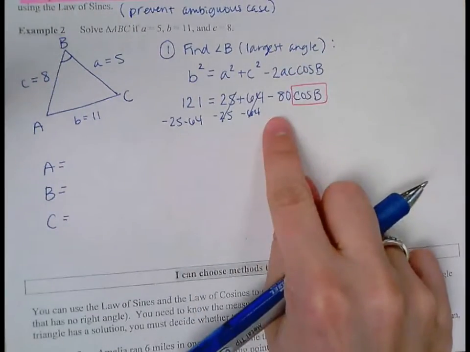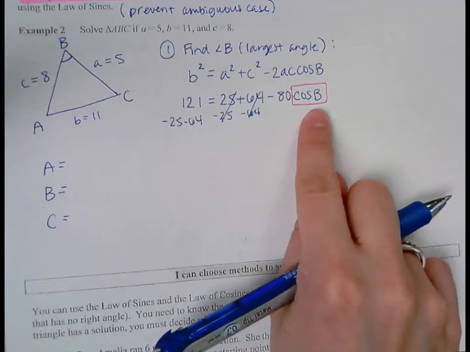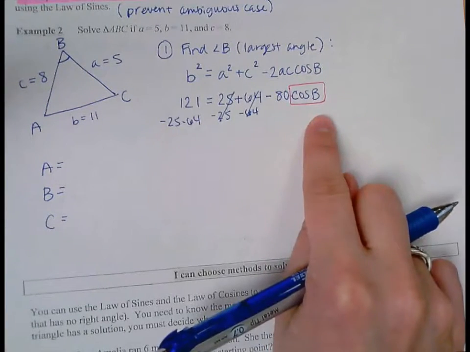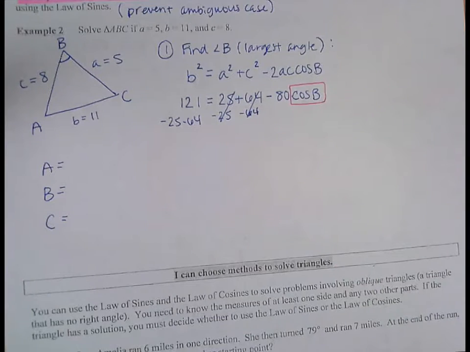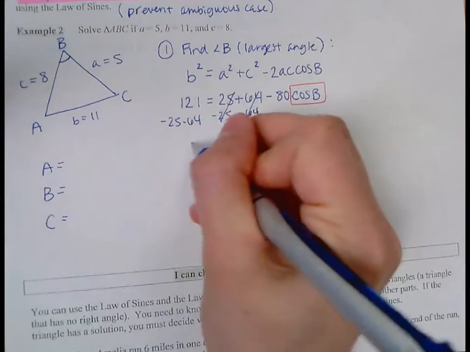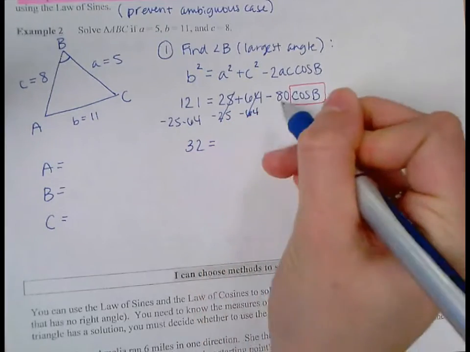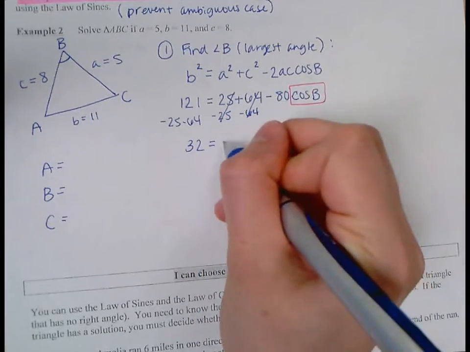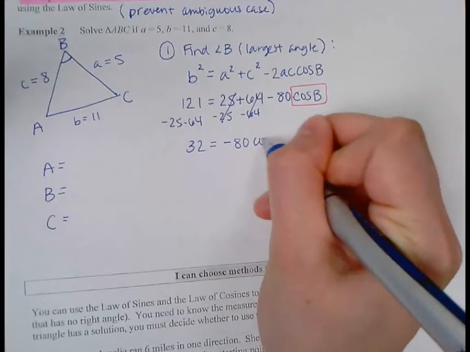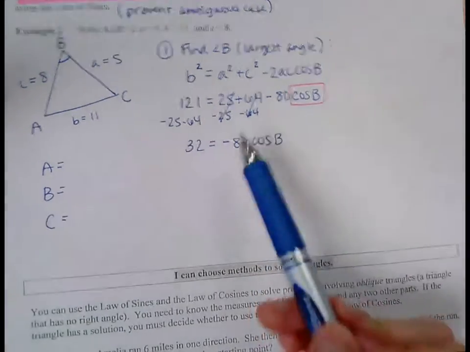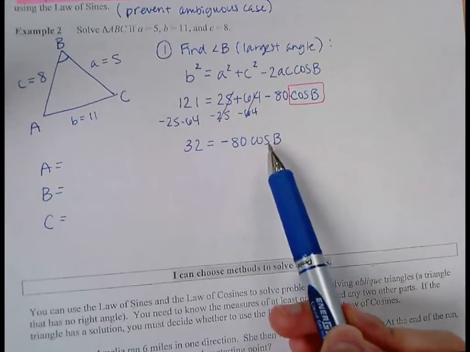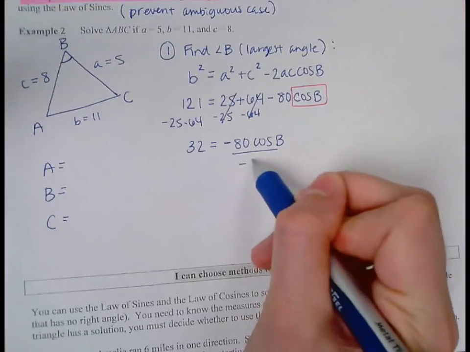I don't want to add 80 because the 80 is being multiplied, so adding 80 isn't going to cancel it out. So I have 121 minus 25 minus 64, and that's 32. I still have the minus sign, so it's negative 80 times cosine of B. Then I can get cosine of B alone if I divide by negative 80.